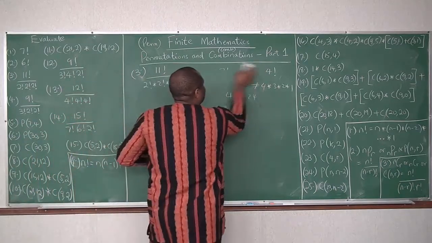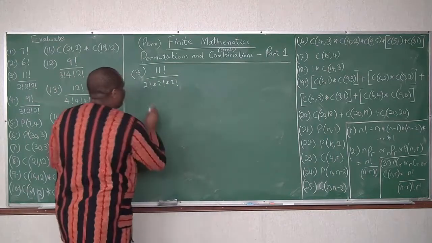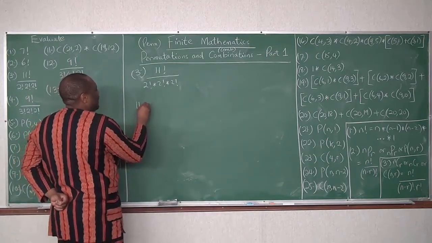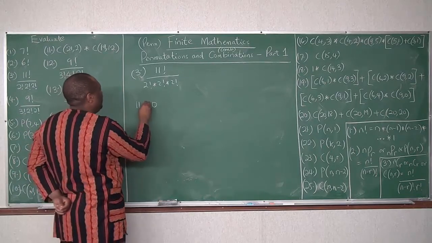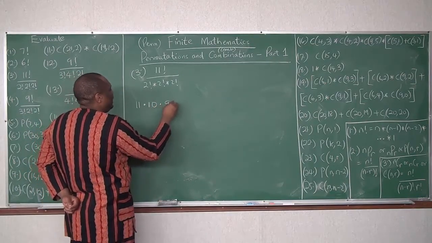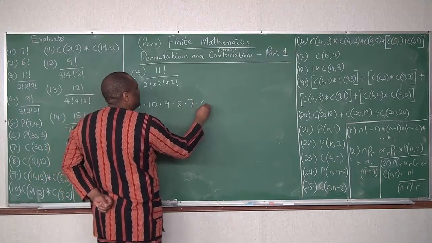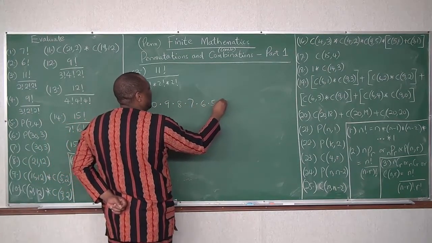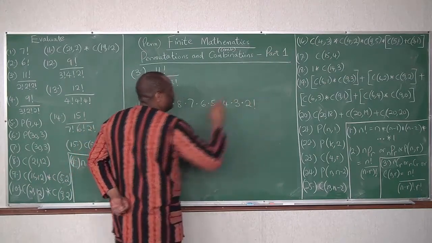So how are you going to solve this now? We just write 11 times 10, I'm using this to mean multiplication, okay? Times 9 times 8 times 7 times 6 times 5 times 4 times 3 times 2 factorial.